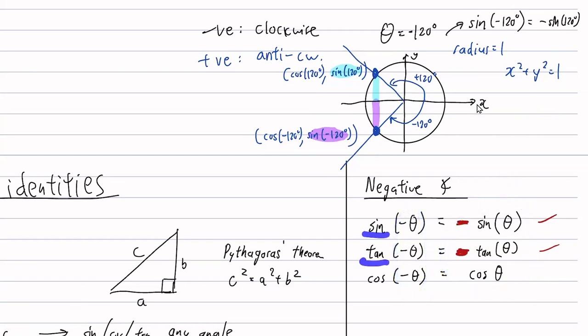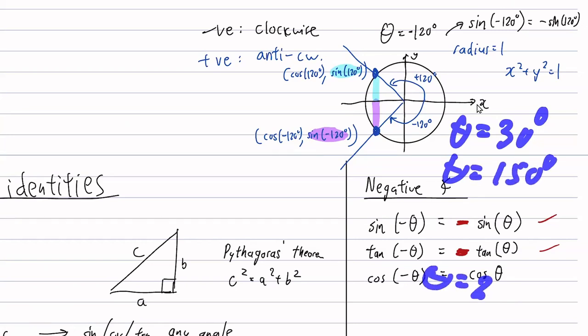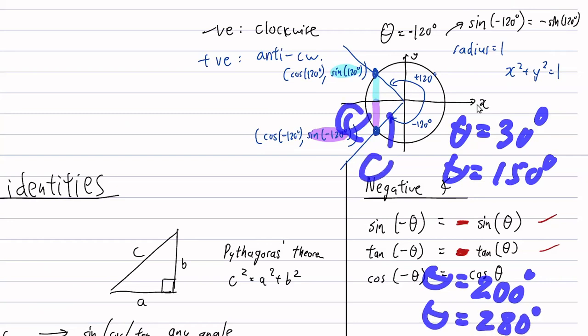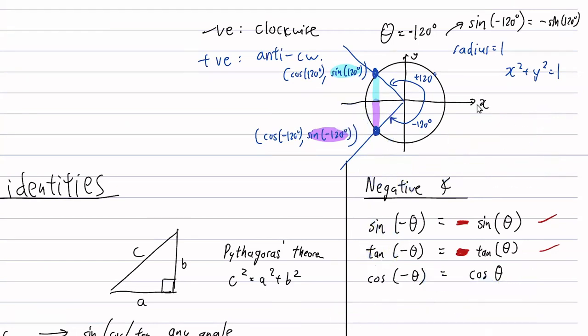For sine and for tangent, no matter what angle you play around with, you can do an experiment. What if theta equals 30 degrees, 150, 200, 280? Basically quadrant 1, quadrant 2, quadrant 3, and quadrant 4. You can use any other examples and convince yourself that these formulas work.